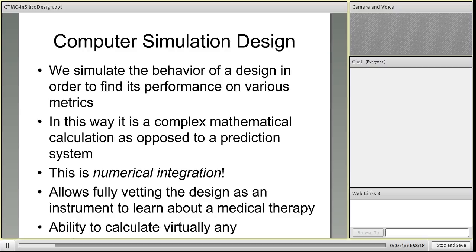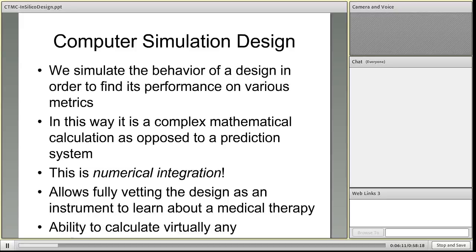It now leads to several things. It allows us to test many different designs. It allows us to calculate the operating characteristics of very, very complex designs to enable us to figure out what design we want to do, the vetting of the design and the building of the design.